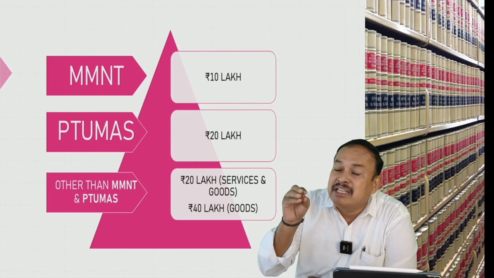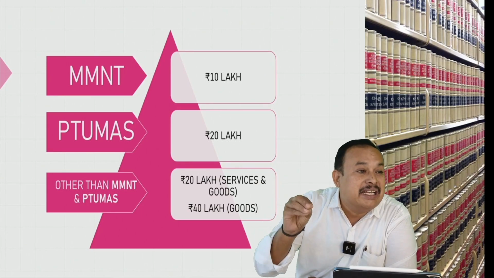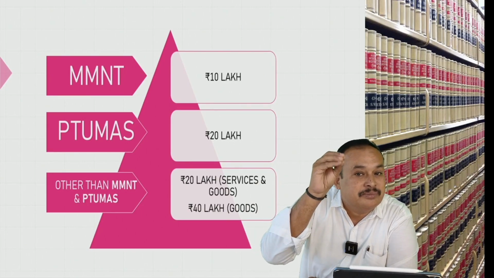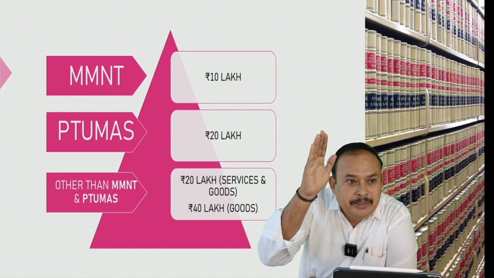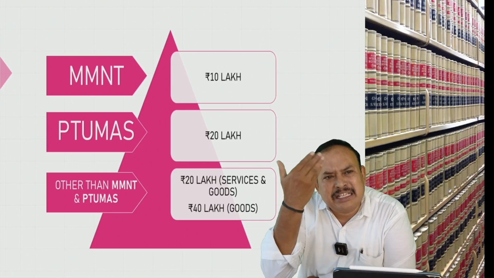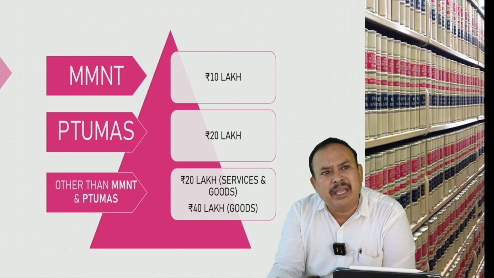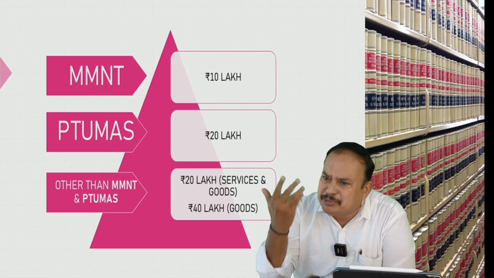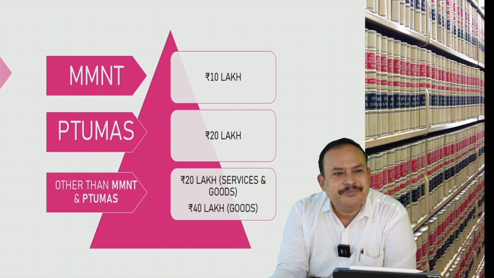As a result, it should not be included in the aggregate turnover. Is that clear? Then all the remaining should be included: taxable supply, exempt supply, non-taxable supply, export of goods, export of services. Is that clear?